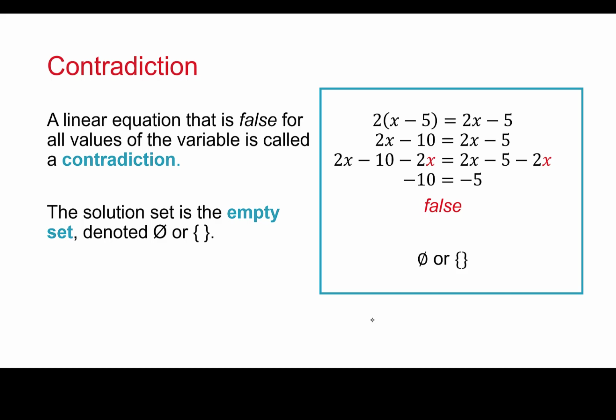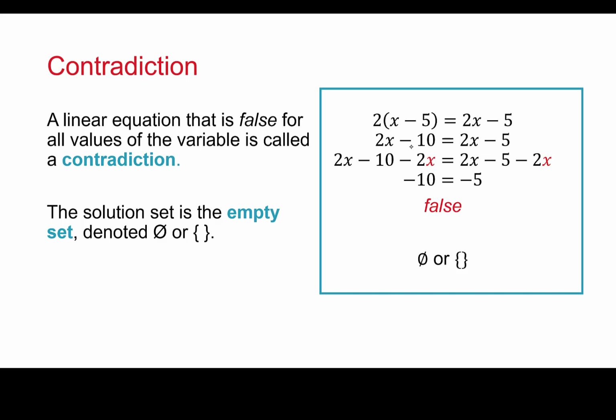Here's an example. If we have the equation 2 times (x minus 5) equals 2x minus 5 with no parentheses. Well, after we distribute on the left side, we get 2x minus 10 equals 2x minus 5.